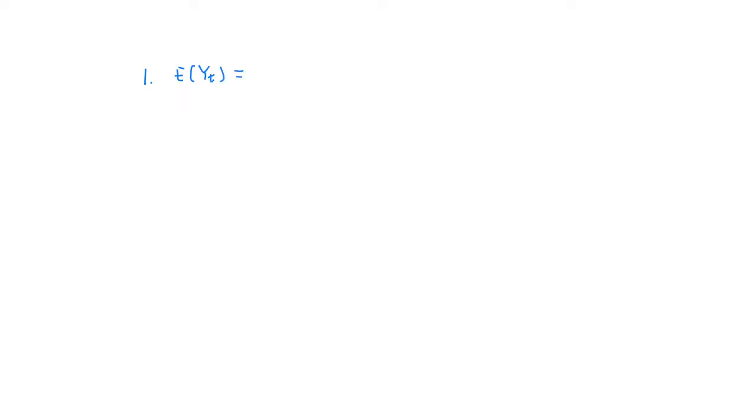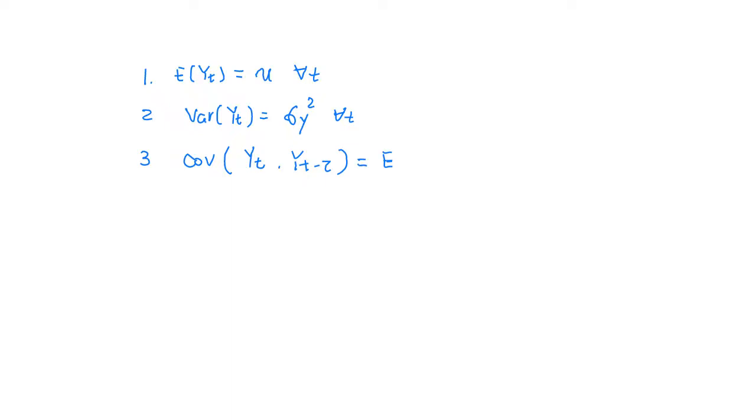This is constant for all t. This is going to be a parameter for all t, and this, just applying the definition of the covariance, is going to be gamma tau.